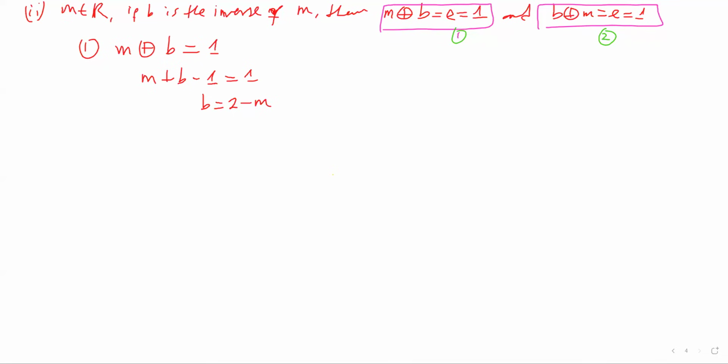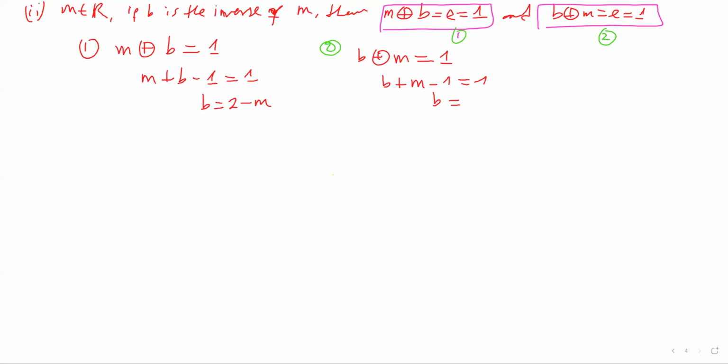But this is not enough because now we need to do the second part. If we get that B is the same, then we say that it is the identity. So in the second part, we have B operates M is equal to 1. And this is B plus M minus 1 is equal to 1.